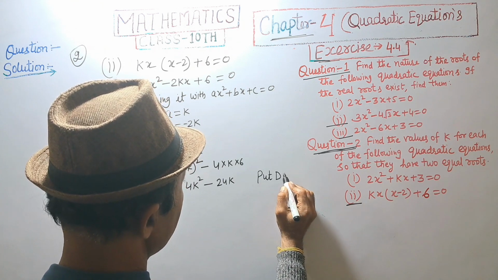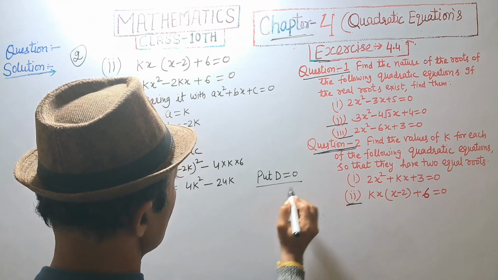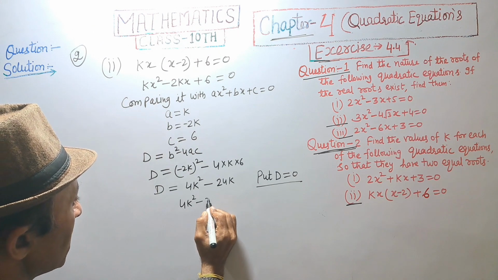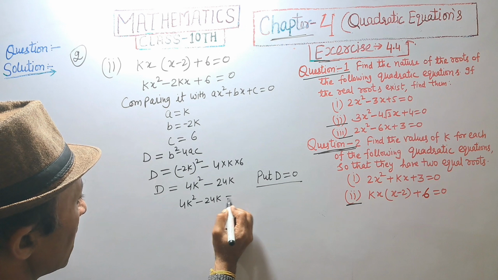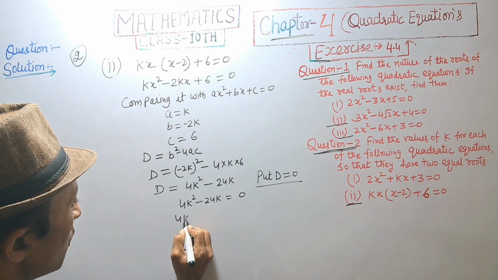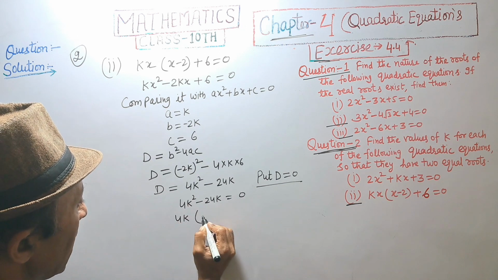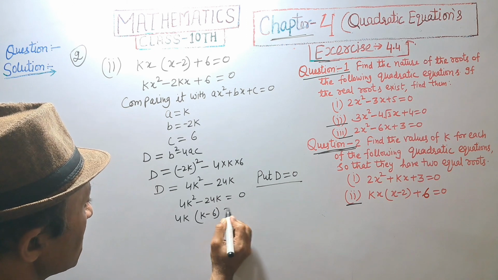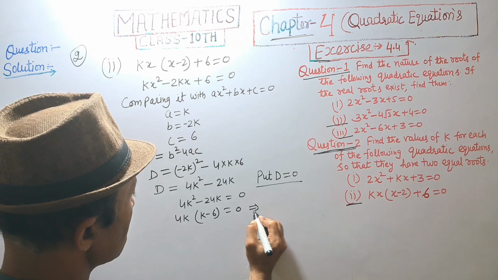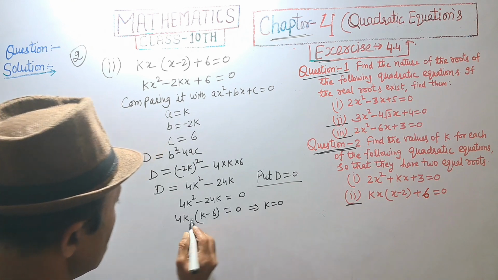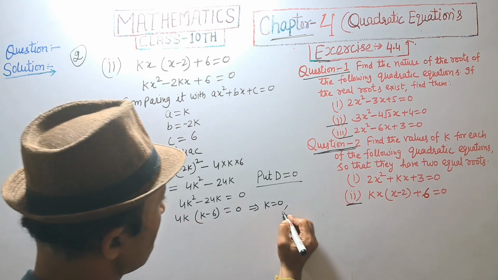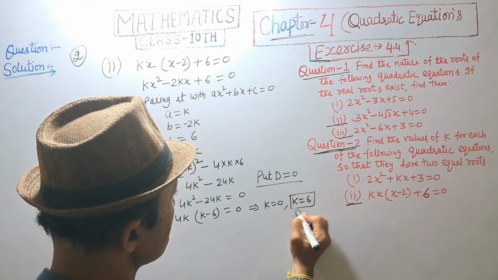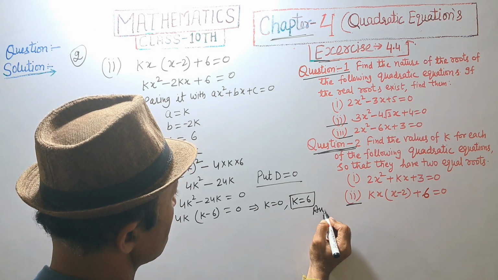Put discriminant D is equal to 0. 4k square minus 24k equal to 0. Taking 4k common, in bracket k minus 6 is equal to 0. This implies k is equal to 0 and k is equal to positive 6. Answer.